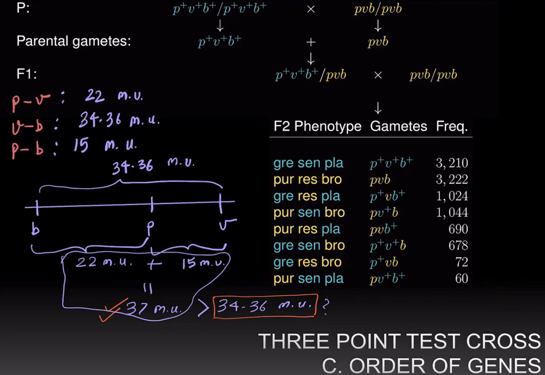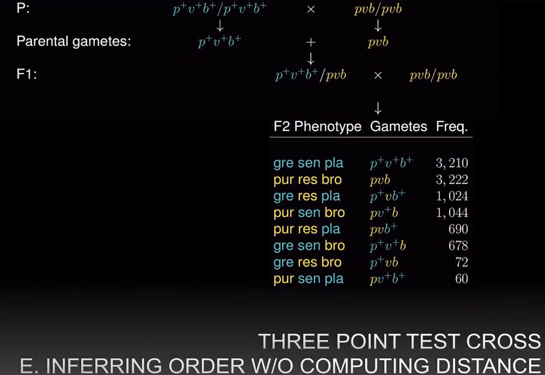Finally, we can use this insight to solve 3-point test crosses in a much more efficient manner. The data in 3-point test crosses always have this pattern. So you will find two genotypes that have the lowest frequency, and you can always infer that these are due to double crossover events, since having two crossovers is very unlikely.